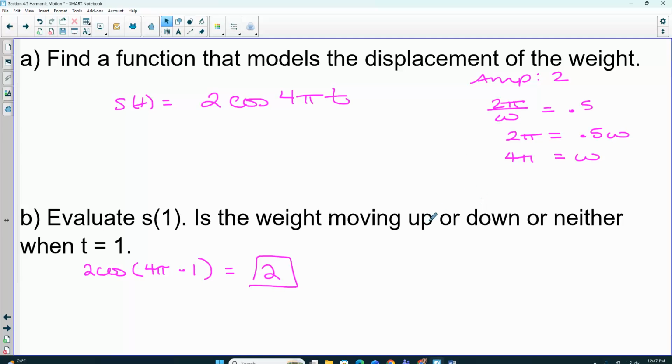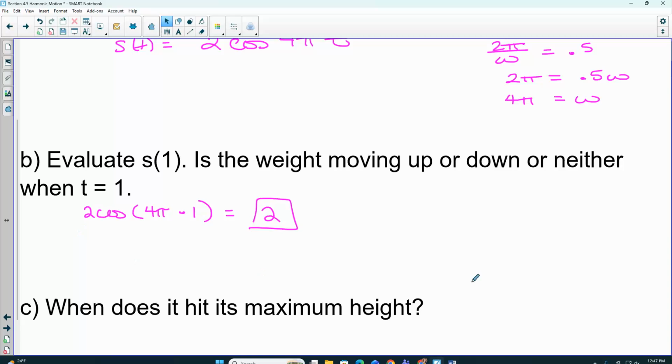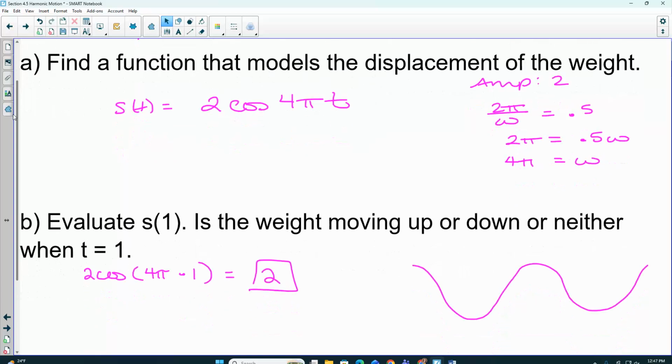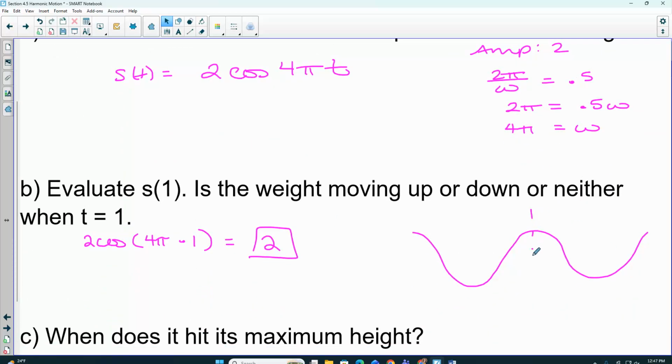All right. Is the weight moving up, down, or neither at that point? So think about what we know here. This is a cosine function, right? So it's just going like this. We know that the period was half a second, right? So when it got to here, that was 0.5 seconds. When it got back up there, this would be 1 second.